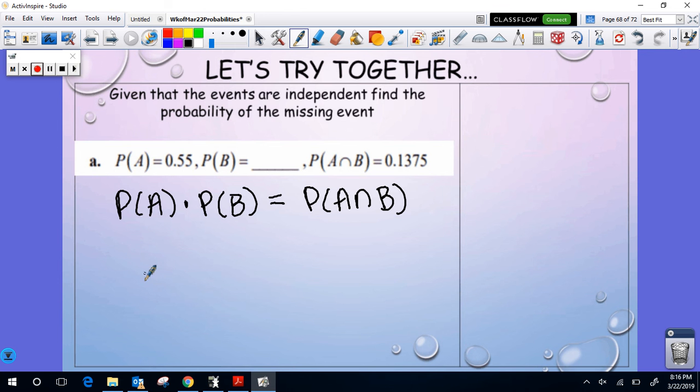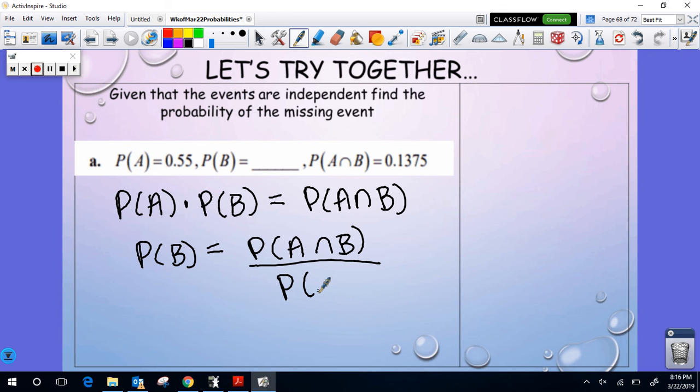If that is true, then the probability of the second event should equal the probability of these two events together over the probability of the other event. So in other words, all you have to do is divide the probability of them both happening by 0.55, and that will tell you what the probability of the first event is.